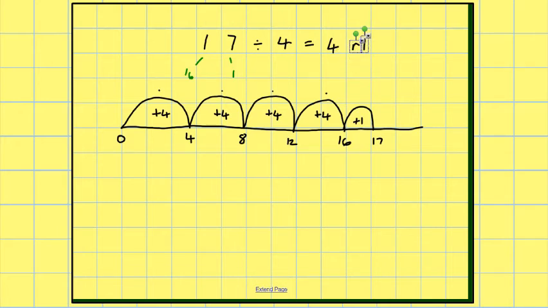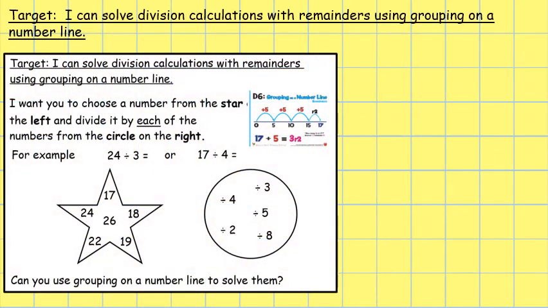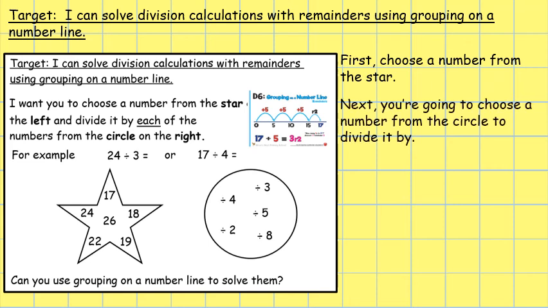I'm going to let you try some, I think. Your target today is: I can solve division calculations with remainders using grouping on a number line. First, choose a number from the star. Next, you're going to choose a number from the circle to divide it by.